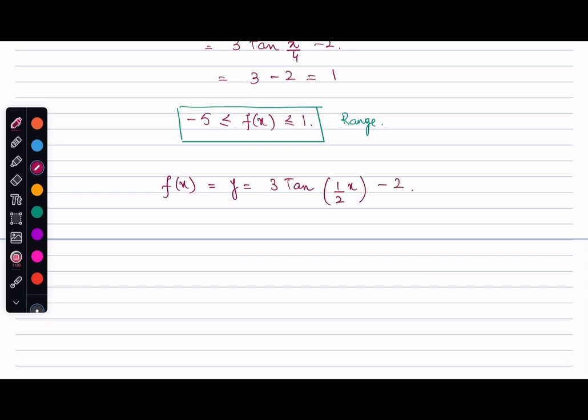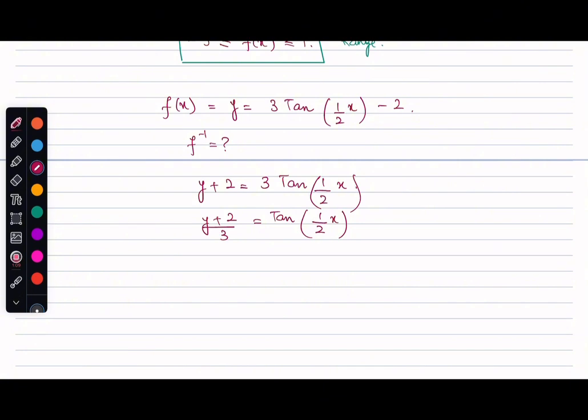To get the f inverse, y plus 2 is equal to 3 tan 1 by 2 x, or y plus 2 divided by 3 is equal to tan of 1 by 2 x. Further, this is tan inverse of y plus 2 divided by 3, which is equal to 1 by 2 x, or further, 2 tan inverse of y plus 2 divided by 3 is equal to x.